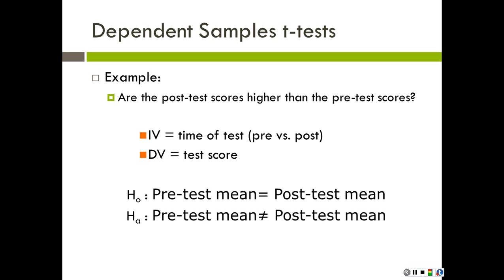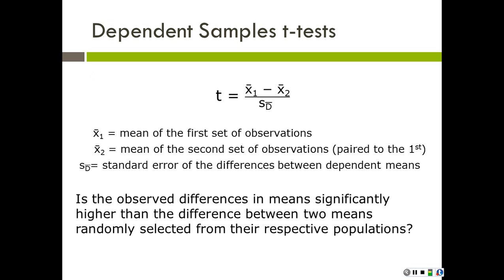So to answer this question, we again have to calculate a t-value, and this is similar to calculating the t-value for an independent samples t-test, except that instead of dividing by the standard error of the difference between the means, now we're dividing by the standard error of the differences between dependent means.